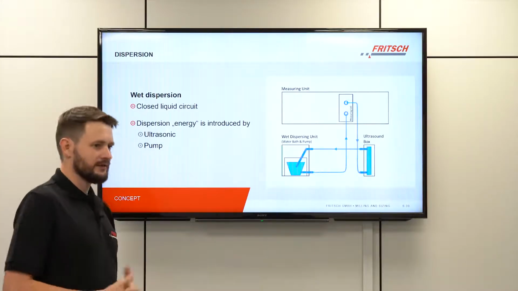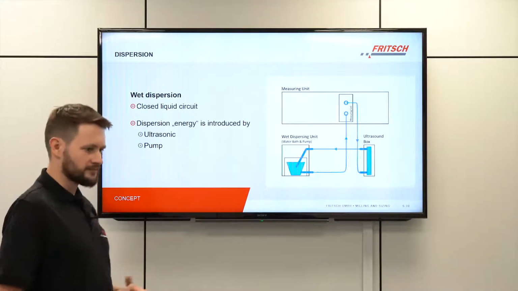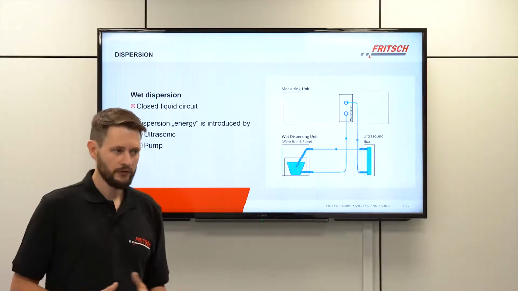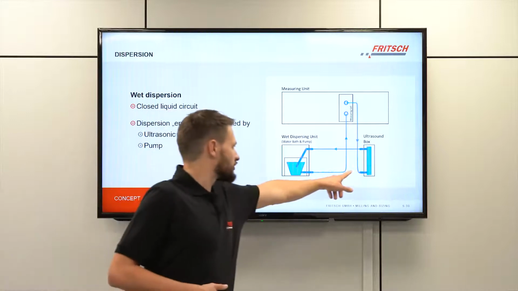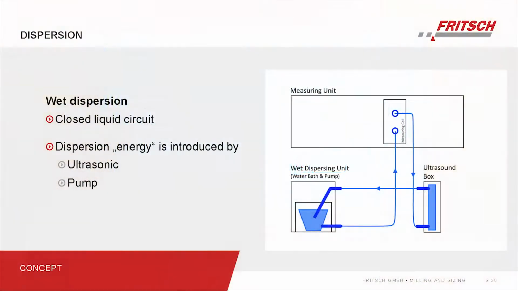The energy that is introduced in order to properly disperse the sample and minimize our preparation error, in this case, would be, of course, the ultrasonic, which is applied here in the ultrasonic box. The second energy source is, of course, the pump, which basically circulates our liquid through the system.